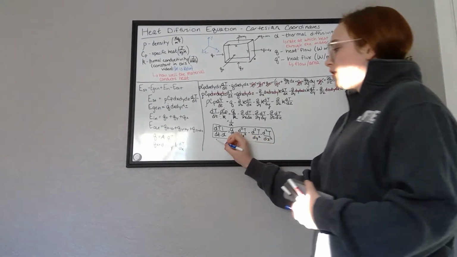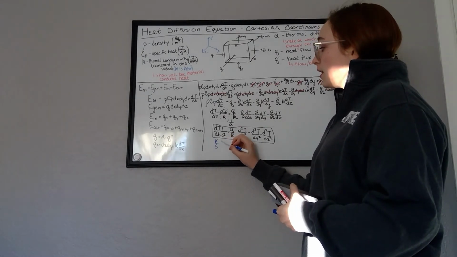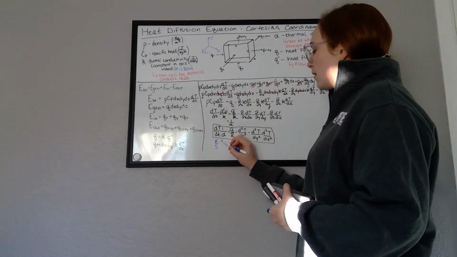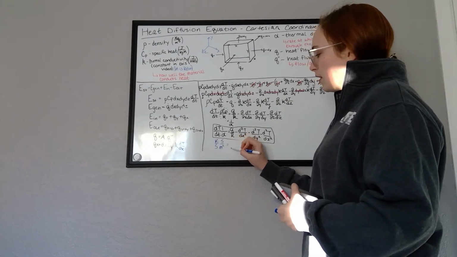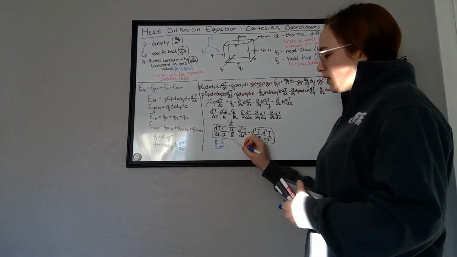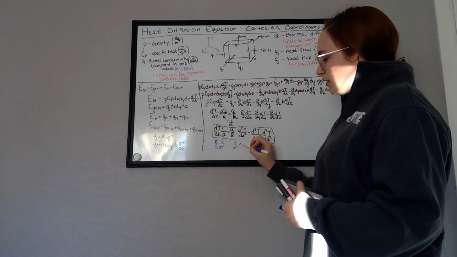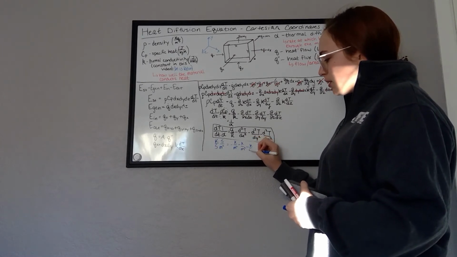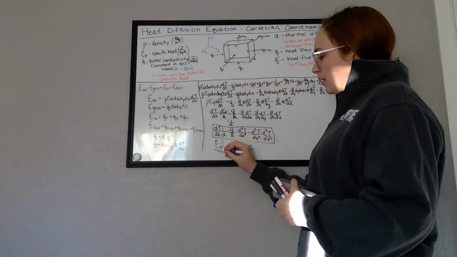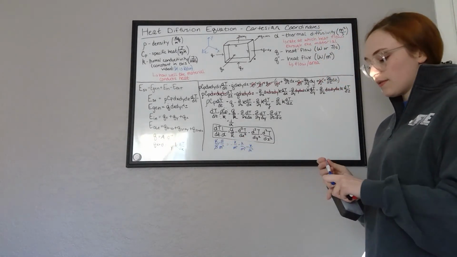We have Kelvin per second, and then we have second per meter squared equals, this is a constant, so I'm not going to worry about the units, Kelvin per meter squared minus Kelvin per meter squared minus Kelvin per meter squared. The seconds cancel, so it's Kelvin per meter squared on both sides of the equation.